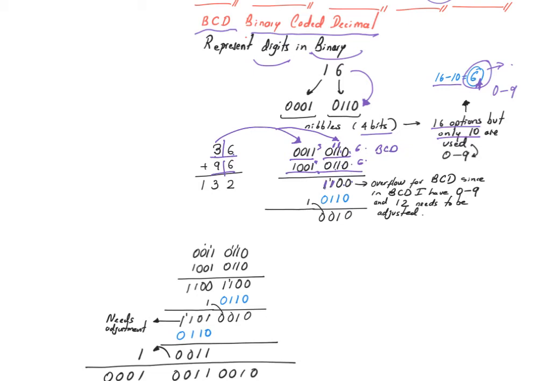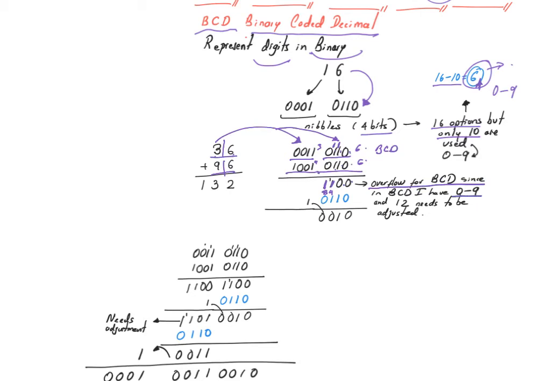Now we can see that this number, if we take it back to a digit, would be 8 plus 4, which would be 12, right? And we don't have a digit for 12. We have to use 2 digits in our decimal system. So what we have to do here is correct the number because we have an overflow for BCD.